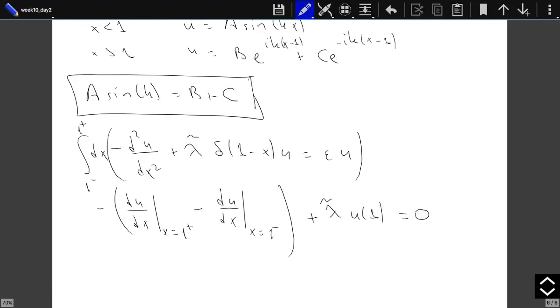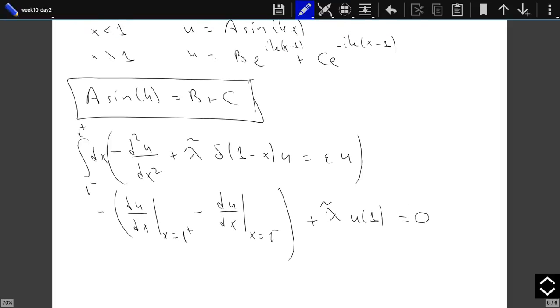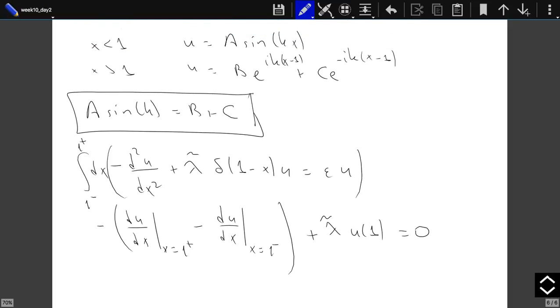We already know the inside and the outside solutions. You can just take the derivatives, put them here, and let's see what we get. For x equal to 1 plus, the derivative is ikb minus ikc. This is the value of the derivative at x is equal to 1 plus, minus the derivative at x is equal to 1 minus, which is a k cosine k, plus lambda tilde times u at 1.